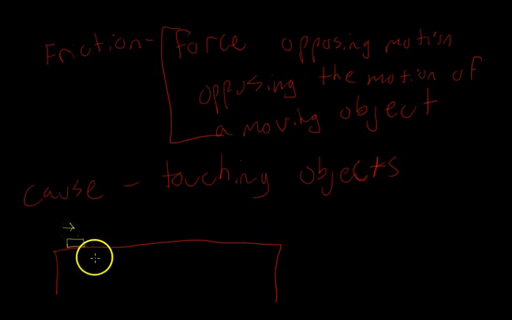Well, friction is going to be the force that the table is exerting on the sliding book, and vice versa, that the book is exerting on the non-moving table. So that force is going to be opposing the sliding motion of the book. It's going to be directly opposite the direction that the book is moving. Basically, it's going to be in the opposite direction.